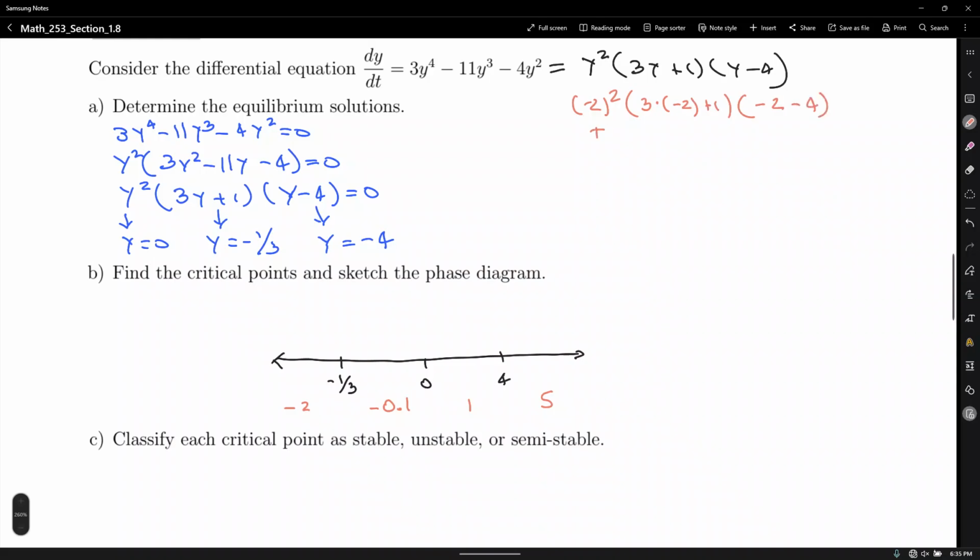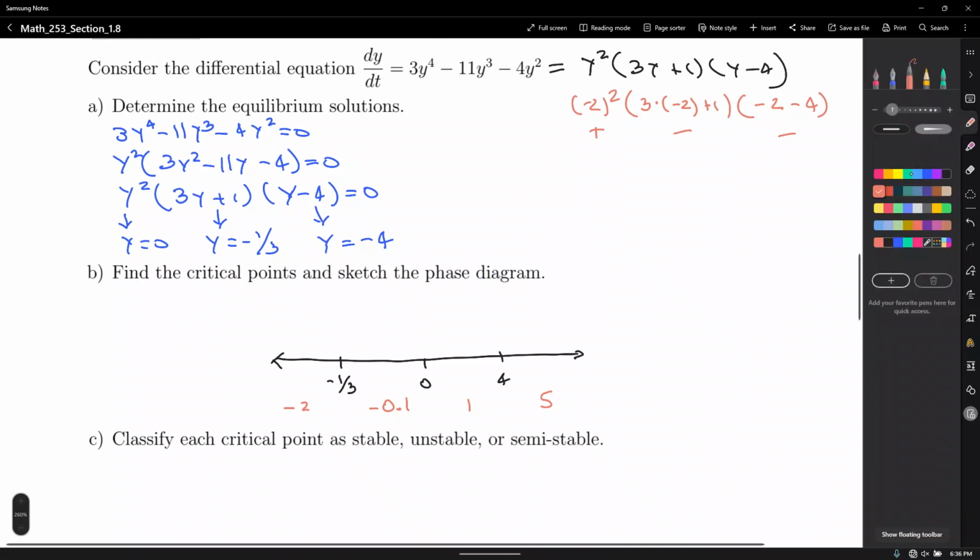This is positive; 3 times -2 is -6, plus 1, that's negative; and then -2 minus 4 is negative. Multiplying the signs, positive times a negative is negative, times a negative equals positive. So we will represent this with an arrow pointing to the right.